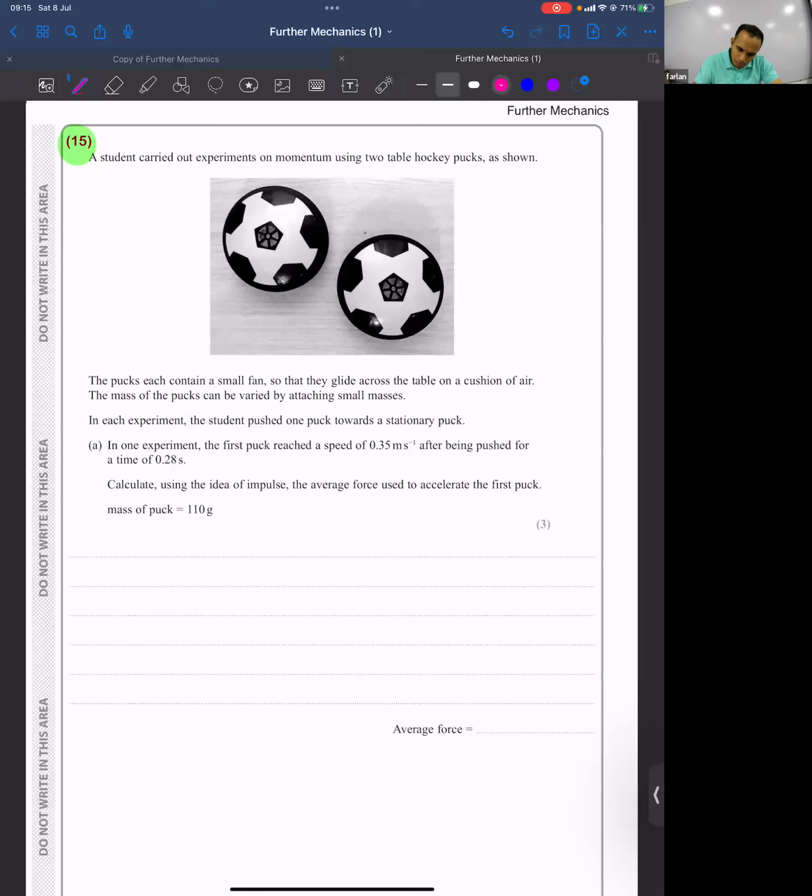So guys, its initial momentum is 0. It was stationary. After being pushed for a time of 0.28 seconds, its final momentum will be mass into velocity. Mass is 0.11, since 110 grams is 0.11 kilograms.